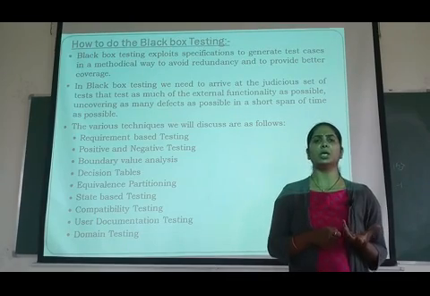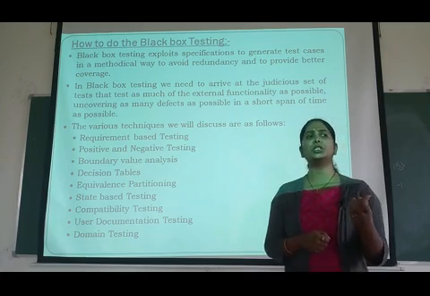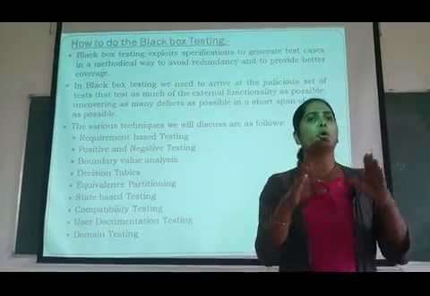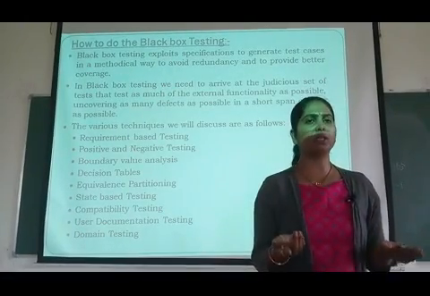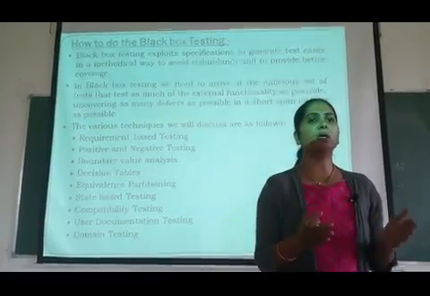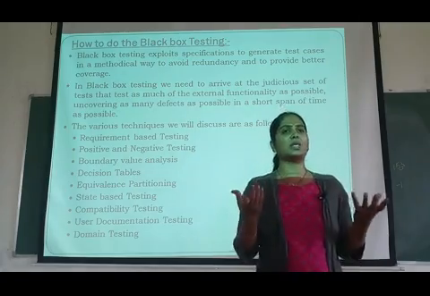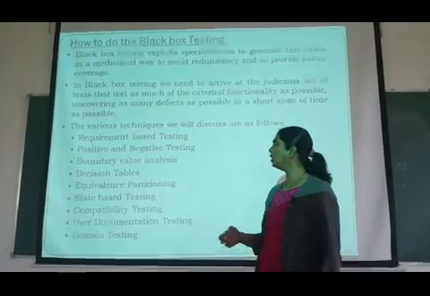By using these various testing techniques, we are going to achieve the result of black box testing. We are going to avoid redundancy, which is going to provide better coverage. Again, we are going to uncover as many possible defects within a short span of time as possible. So what are these various techniques?